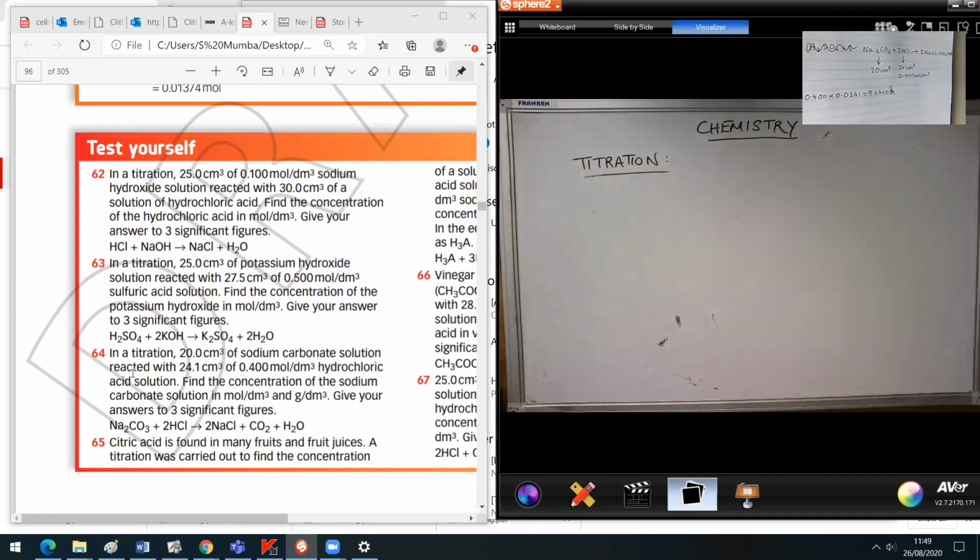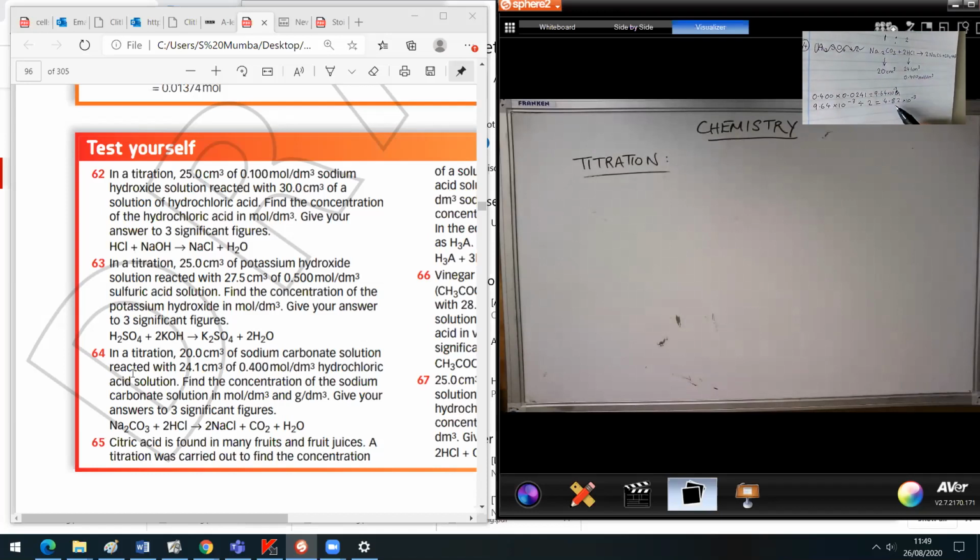And then once you've got that, the ratio is 2 to 1. So you're going to halve this, divided by 2, which gives you 4.82 times 10 to the minus 3.